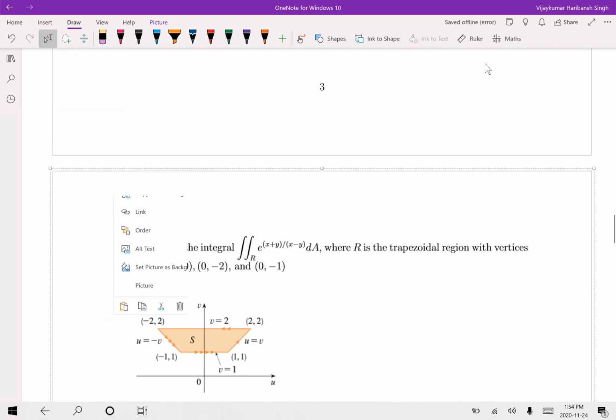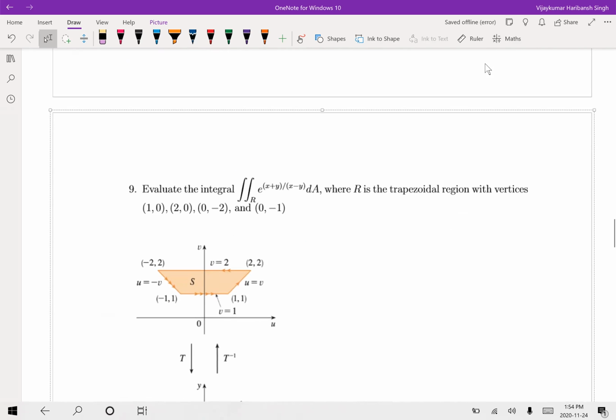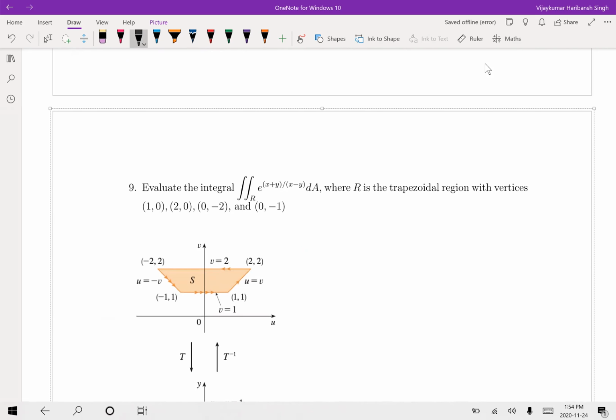So suppose I'm given to evaluate the integral of e to the power x plus y divided by x minus y dA, where R is a trapezoid whose vertices are (1, 0), (2, 0), (0, -2), (0, -1).